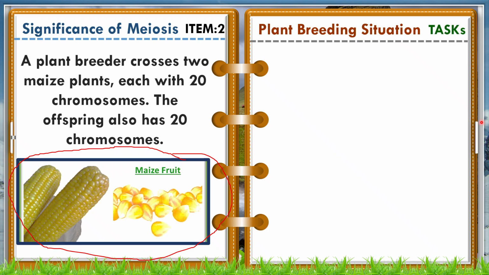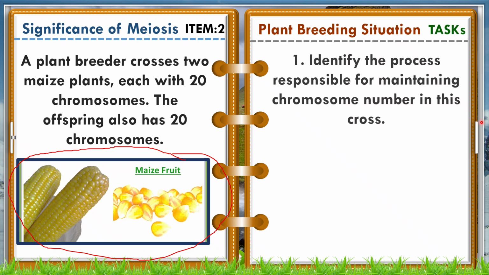So let's look at that task. Identify the process responsible for maintaining the chromosome number in this cross. They want us to identify the process that brings about the maintaining of the chromosome number in this cross.